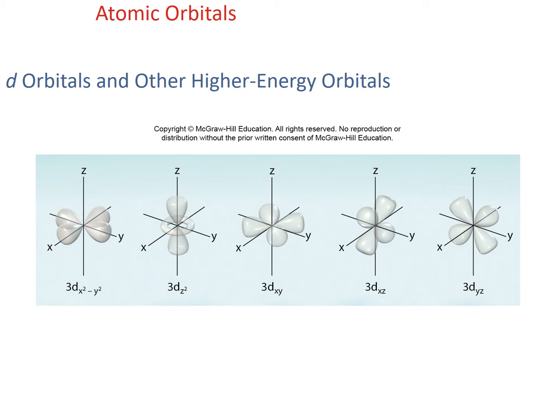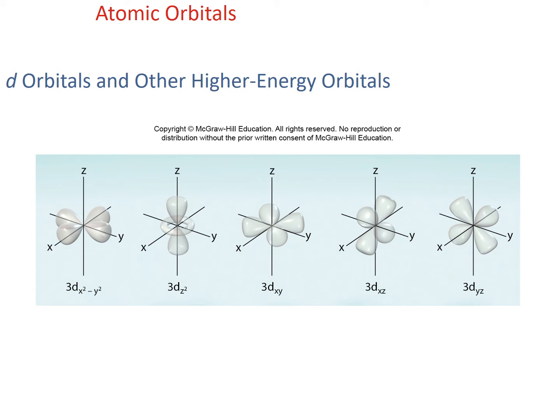So if you see the middle one there, the dxy, those dumbbells are in between the x and the y axes. But the dz squared is a bizarre one, and that is along the z-axis. The dx squared minus y squared is along the x-axis and the y-axis.